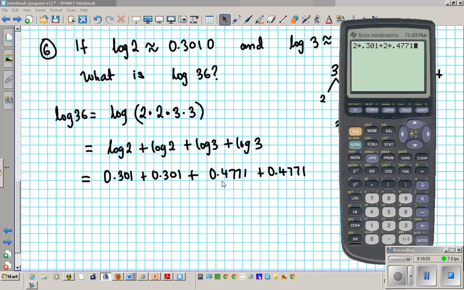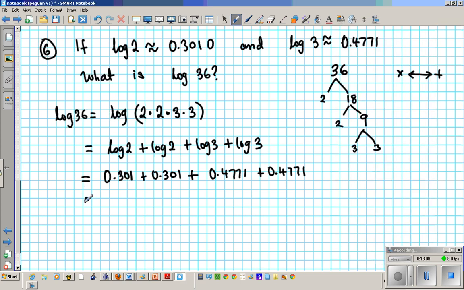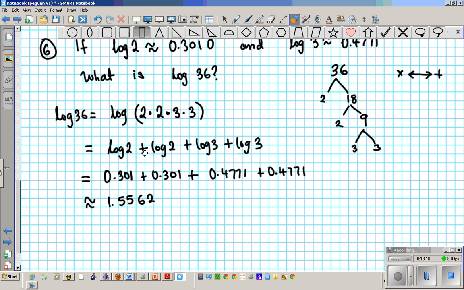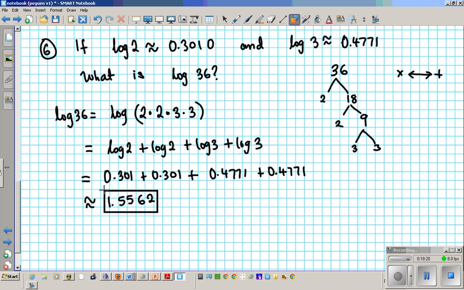You can write it like this if you want. Bam, the answer is 1.5562. So the answer is approximately 1.5562. All you have to do is break down the number using the bases that you know, change it from times to addition, and then make the substitution, and that gives you the result that you desire. Alright? Okay.